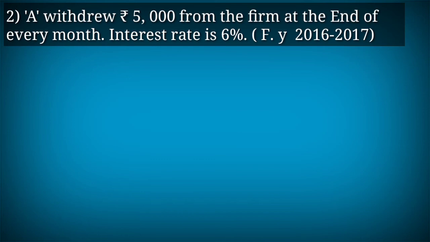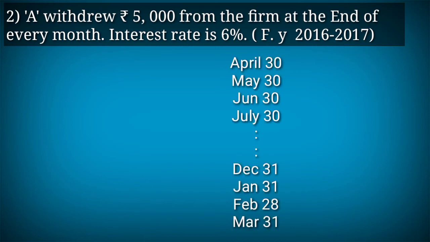Here the partner withdraws rupees 5,000 at the end of every month, in the sense, he is withdrawing the amount on the last day of every month. So last day means April 30th, May 30th, June 30th, July 30th, like that, December 30th or 31st, January 31st, February 28 or 29 and March 31st.